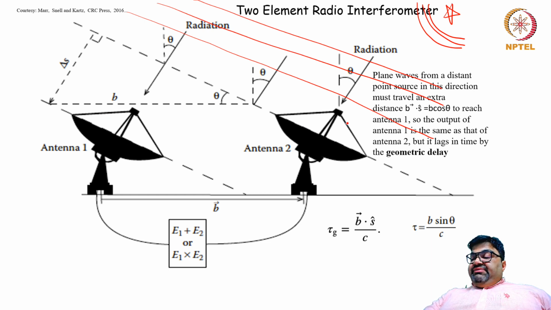If the star is located here and the waves come in this direction, it will arrive at antenna 2 earlier than antenna 1. So the path delay between these two is delta S, which, by simple geometry, can be broken down in terms of theta, the direction to the normal, and B, the baseline or the distance between the two antennas. Radio astronomers colloquially call this term the baseline.